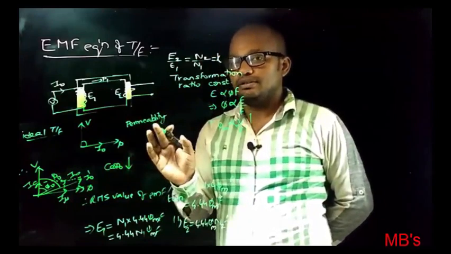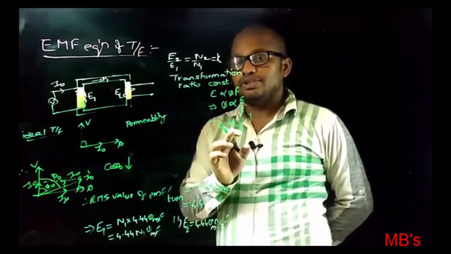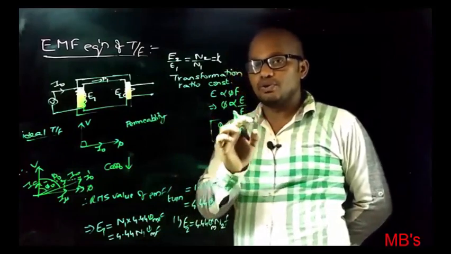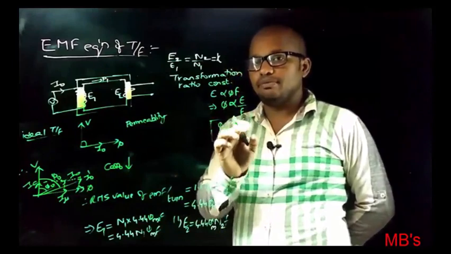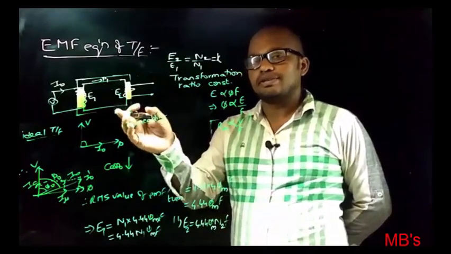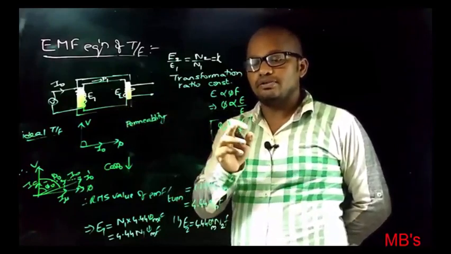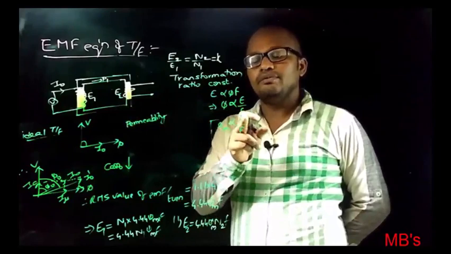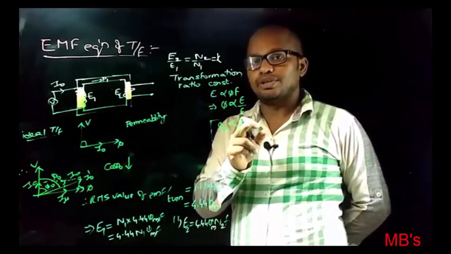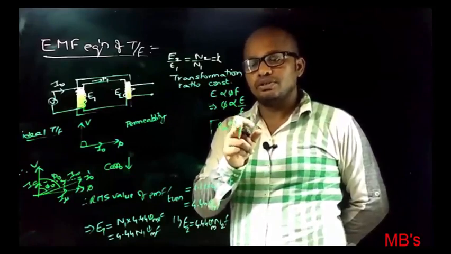For that, the solution is, if there is a decrease in frequency, we need to maintain V by f ratio constant. If we can maintain V by f ratio constant, phi will be constant. Therefore, the transformer core will not enter into saturation. So, to make V by f constant with change in frequency, we need to change the input voltage. Therefore, if there is a decrease in frequency, we must increase voltage.